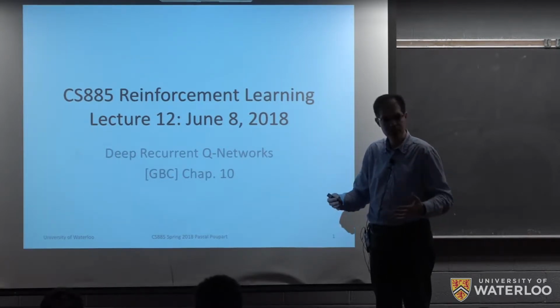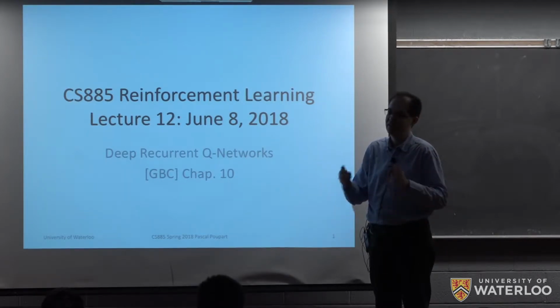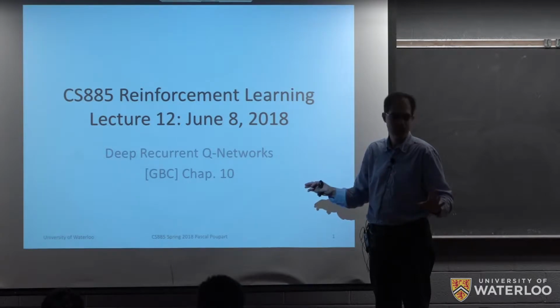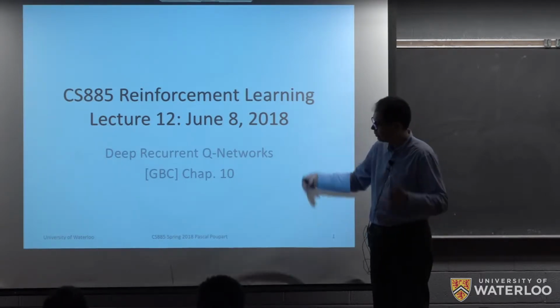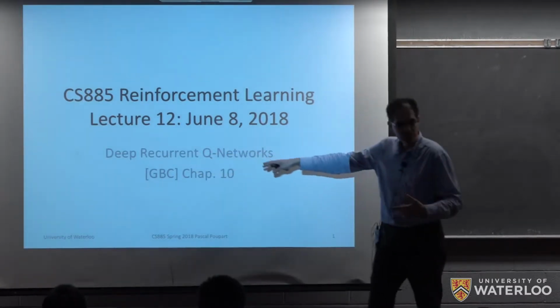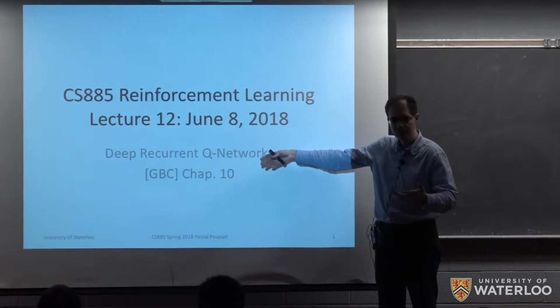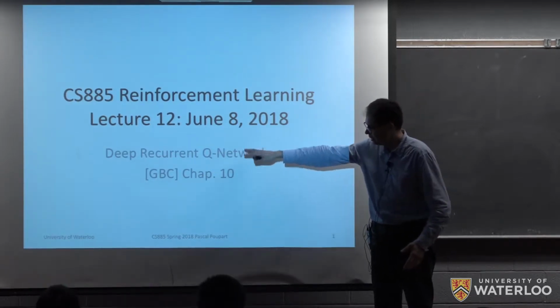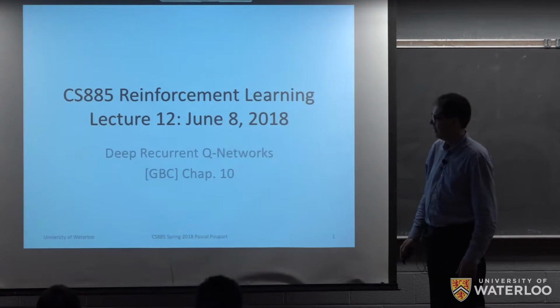Now in deep reinforcement learning, it turns out that we often replace the hidden Markov model with a recurrent neural network. And we're going to see that if we combine a recurrent neural network with a deep Q network, it will lead to some interesting technique, and that's the subject for today.